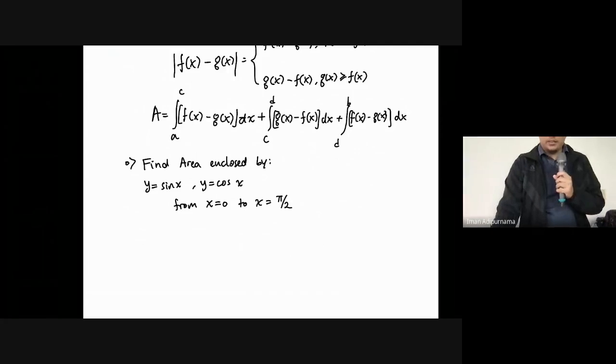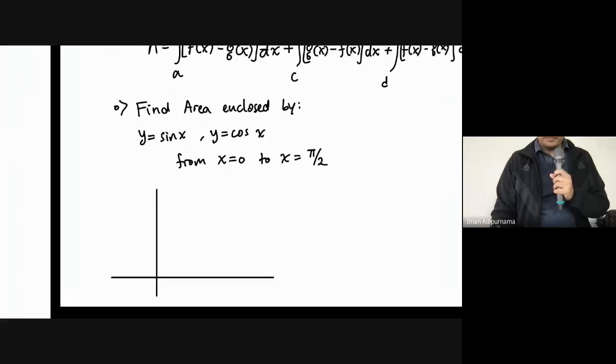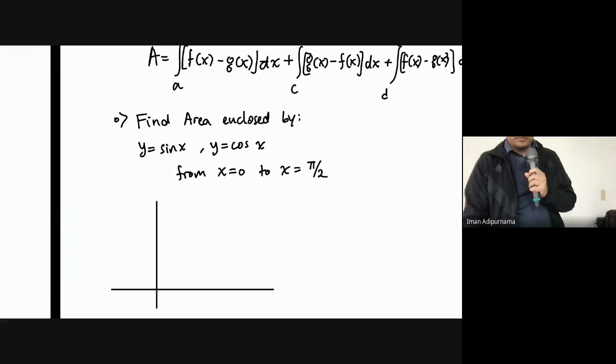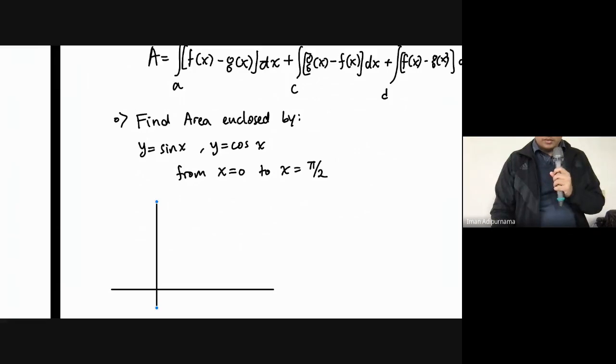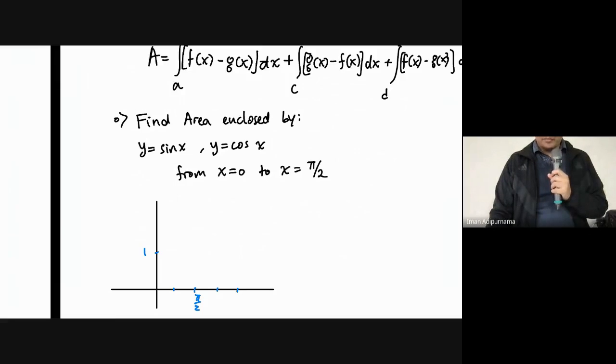Yeah, let's see the sine and cosine. Let's say this is 1, this is pi over 2. So sine will be like this.